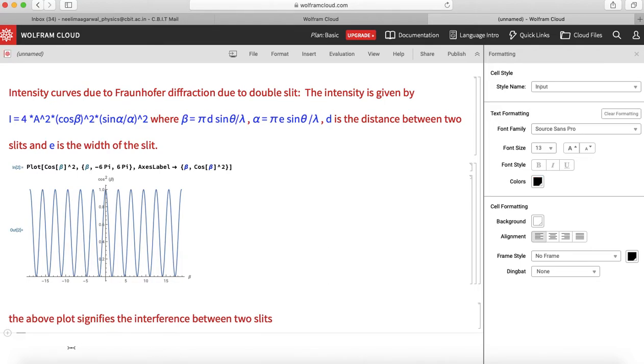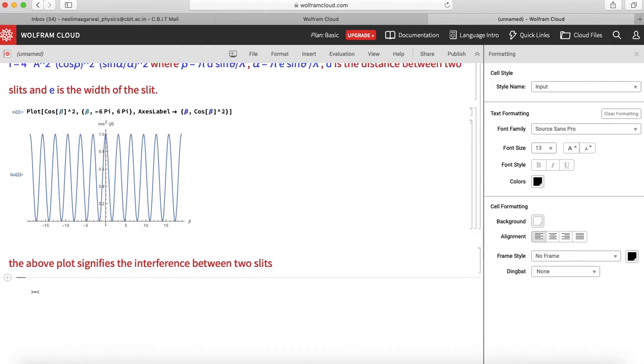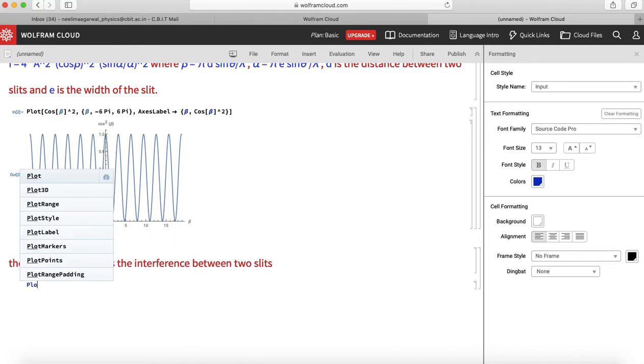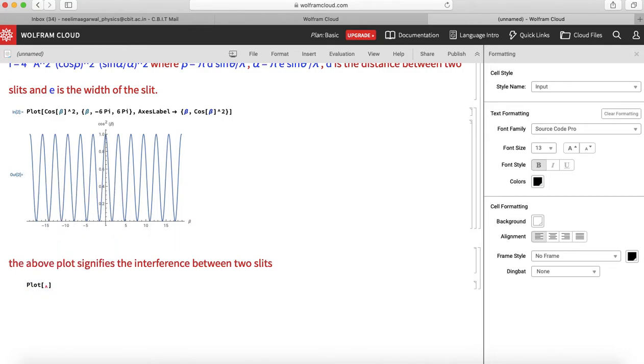Now let us try to plot the second term. The second term is (sin alpha by alpha) whole square. So let us plot sin alpha by alpha; before alpha I need to press escape, and then at the end escape.